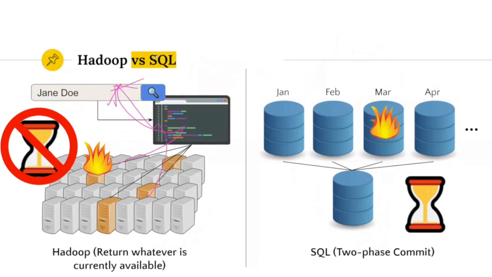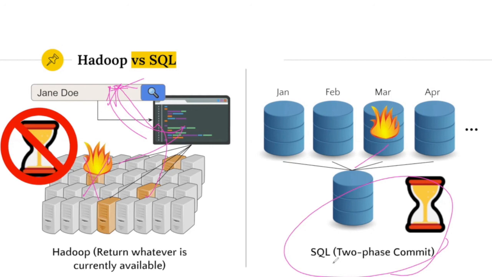Okay. So even if one of the computers catches fire, it still is going to return the result to the user. On the other hand, like I said, in the case of SQL, it's not going to return the result if there is a problem in one of the servers.